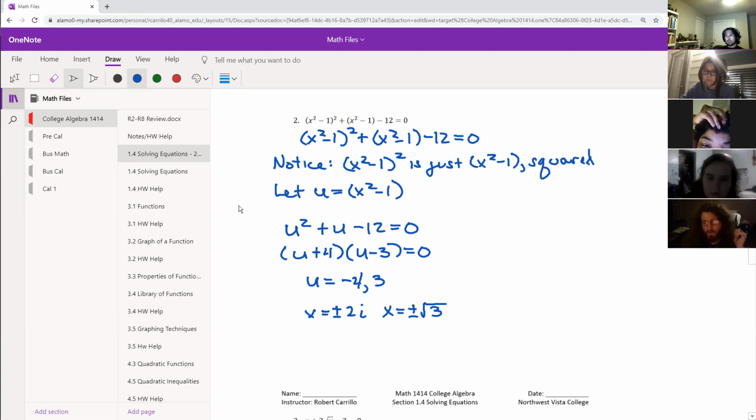Wait, because you're missing out on the 1. Oh, the negative 1. Yeah. What am I doing? Terrible math. All right. Before he keeps going, though, does everybody understand how we did a substitution for the x squared minus 1? Yes, sir. Everybody good with that?